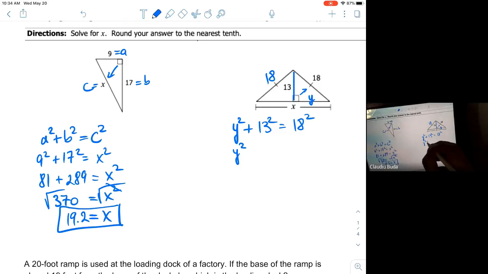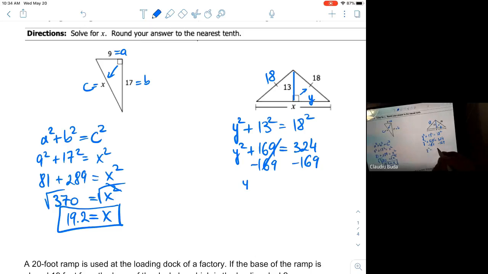13 squared is 169, and that equals 18 squared, which is 324. We subtract 169 on both sides, and that gives me y squared equals 324 minus 169, that is 155.